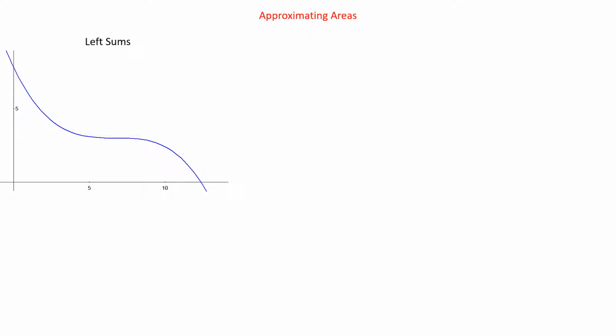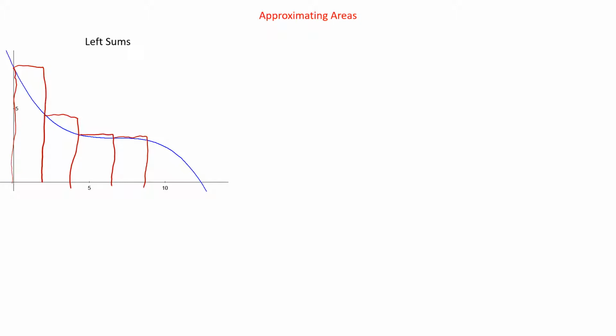So here, if we're finding the area underneath this curve from 0 to 10, we can draw a bunch of rectangles. Start there, the left-hand side goes up to the function, then it goes over, comes down. The left-hand side goes up to the function, over and down, and so on.